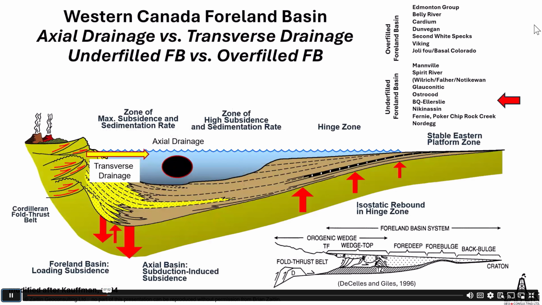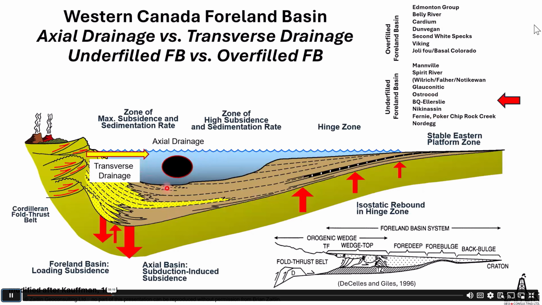When we're dealing with the Western Canada foreland basin system, we have to think about what scale we're dealing with. So this is a well-used diagram, modified from Kauffman in '84, which basically shows you the asymmetric geometry of a foreland basin. And this represents the different stratigraphic units that are filling it.